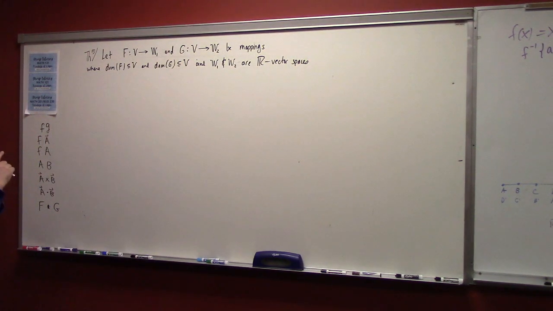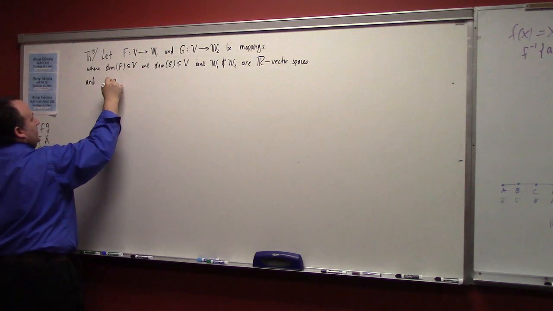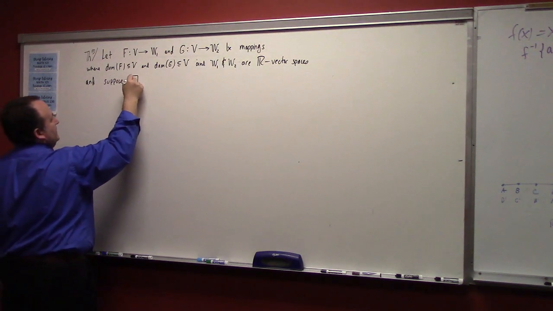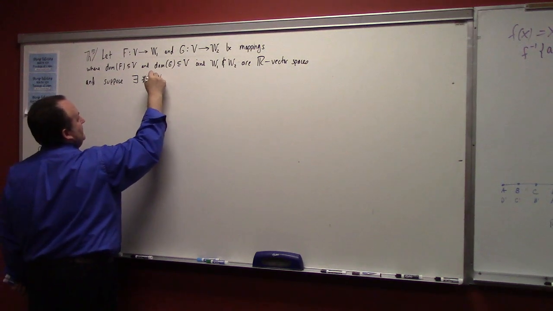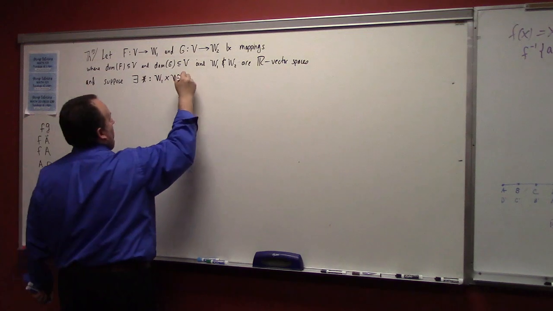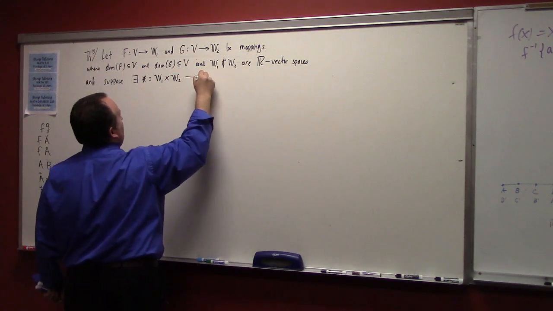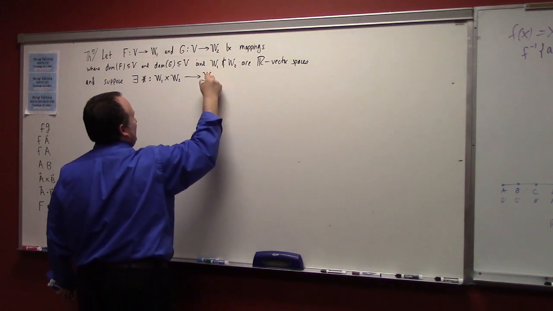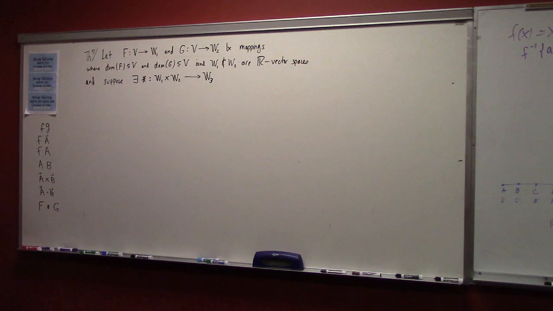Okay, so now suppose there exists star, which is a mapping from W1 cross W2 to, well, W3, yet another vector space.